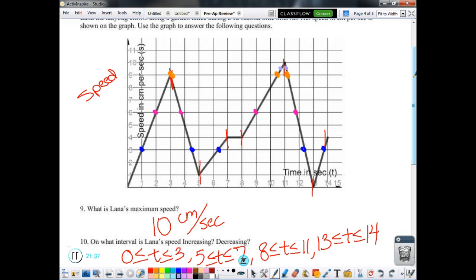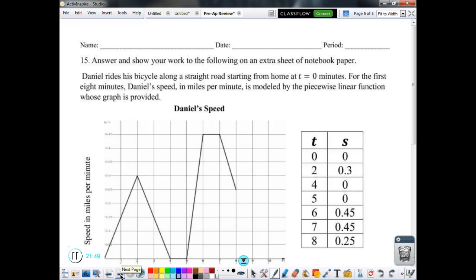Well, your slope is velocity, but your absolute value slope is speed. Your distance graph's slope is going to be your speed or velocity. Your speed graph's slope is going to be acceleration, right?